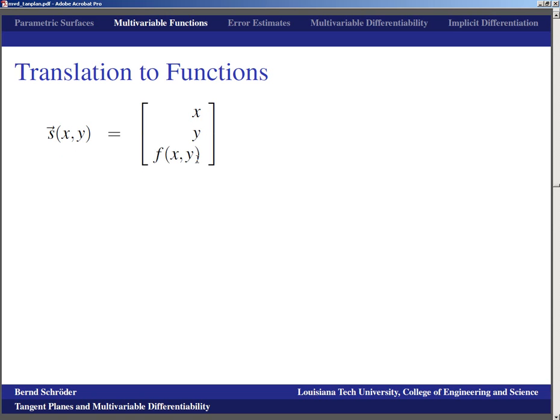That is why, again, I keep making commercials for parametric surfaces here, but that is, again, why parametric surfaces are so useful, because functions are just special cases. If I simply take the x input and the y input as the x and y variables of a parametric surface and then put the function in the third variable, I encode exactly the same graph.